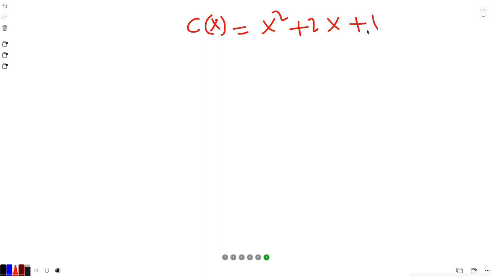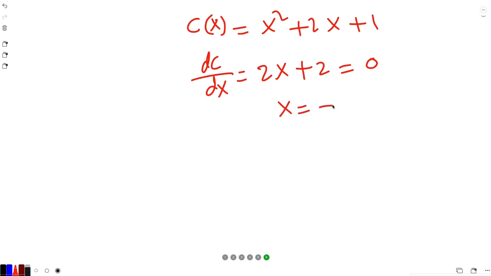Where is the critical point here? Simply, dc over dx equals 2x plus 2 equals 0. We put the differentiation equal to 0, and then x equals minus 2 over 2, which is minus 1.